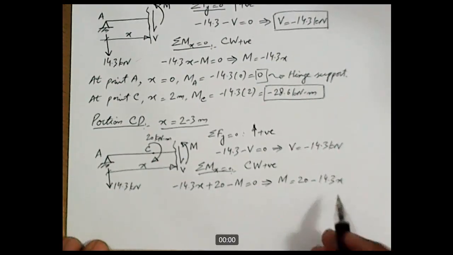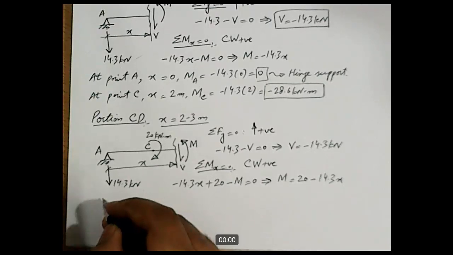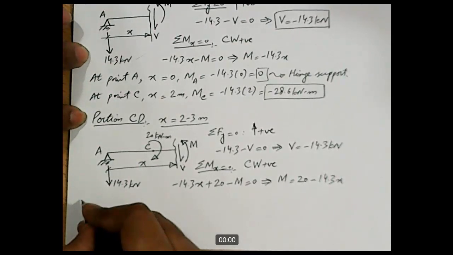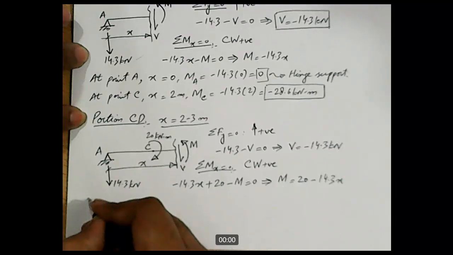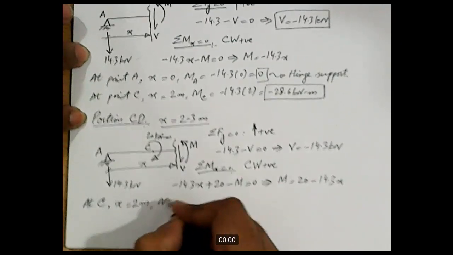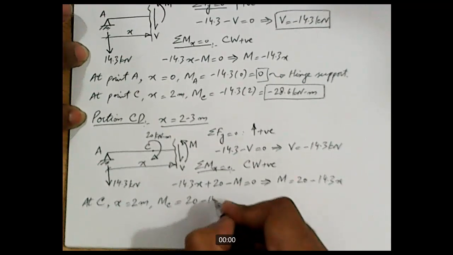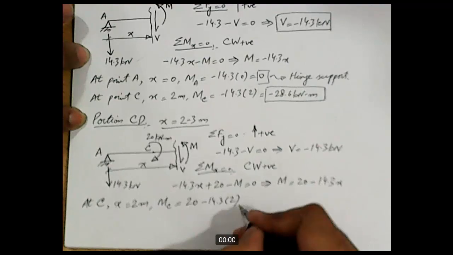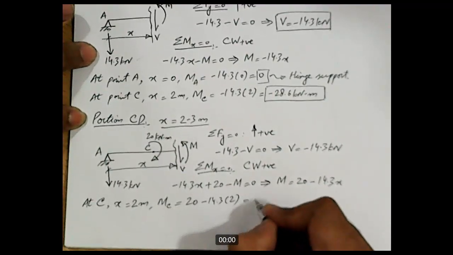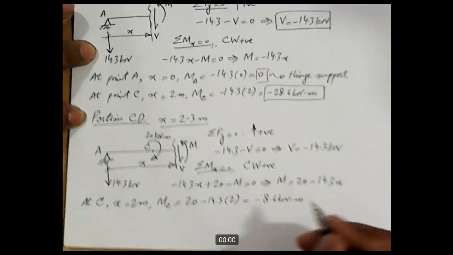So in this equation we have variable X. It means the value of moment will vary from point C to point D. So we will consider it for both the points and calculate it. At C, X is equal to 2 meters. So MC is equal to 20 minus 14.3 into 2, and that comes out to be minus 8.6 kilonewton meter.